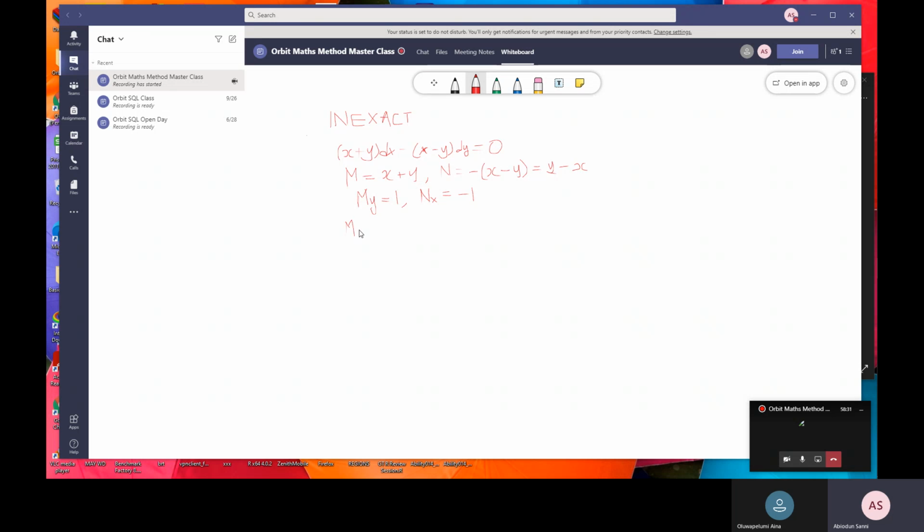Let's use My minus Nx all over N. So let me say if, which is the integrating factor.